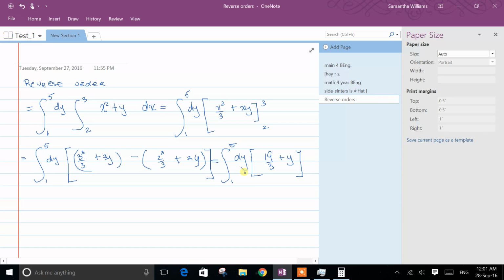We could have just simply put the dy at the back for conventional purposes. Easier to look at. Okay, and now we're going to integrate with respect to y.